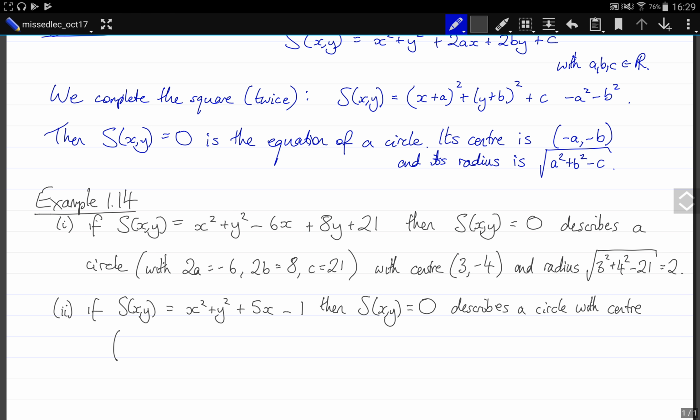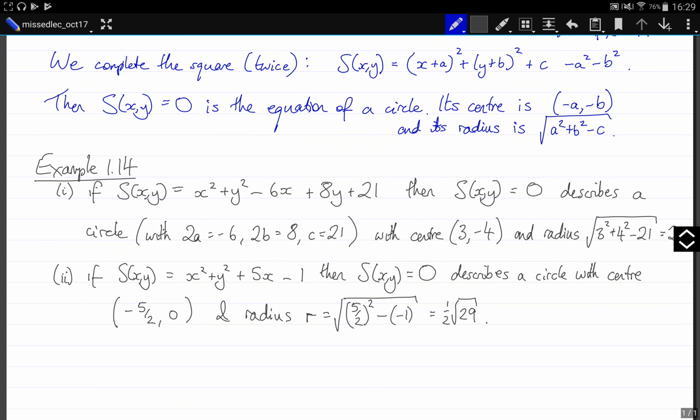So the centre is at minus 5 over 2, comma 0. The radius, call it r, it's kind of traditional, is the square root of 5 over 2 squared minus 1, which is half square root 29. So that's fine.